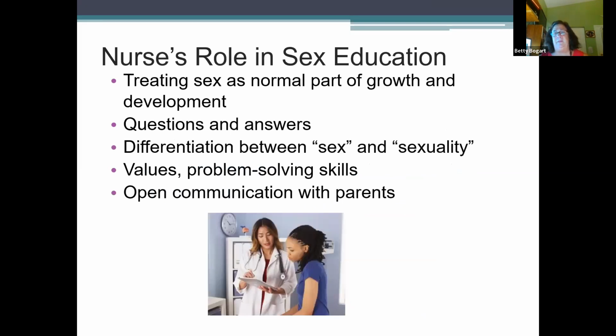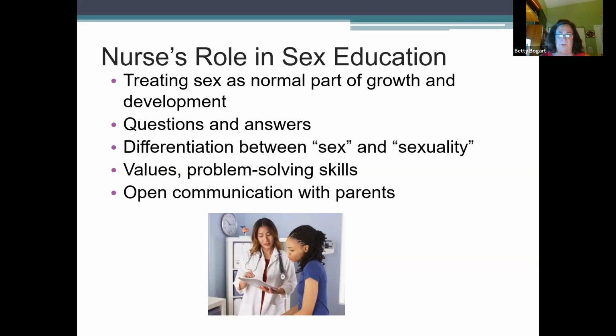As a nurse, most of the time, sex education, you'll see more discussed as a school nurse. I've not had many school-age children ask me many things in my career about sex or sexuality. I've heard from school nurse friends of mine that the questions they get, you'd be surprised.